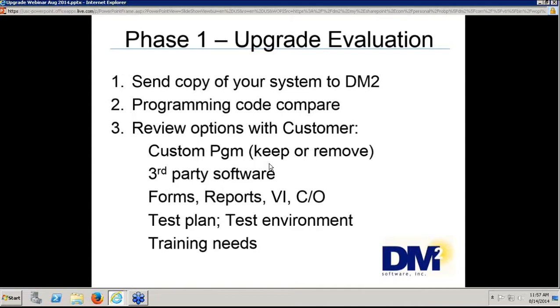We talk about test plans and test environments. Test plan is very important. We want to make sure we are testing based on your business needs, your business transactions, and then a test environment, and any training needs you have. Okay, so phase one is a much deeper dive into your system as how it relates to the upgrade scope and cost.